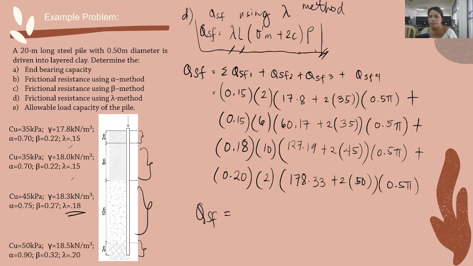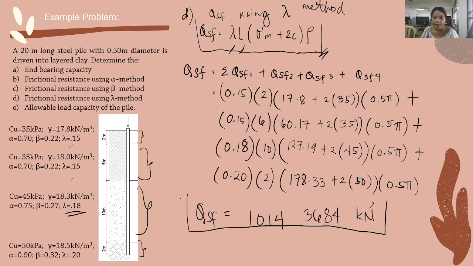Ayun, ang nakuha ko is 1,014.3684. That is in kilonewton. So that is how you get the frictional resistance using delta.